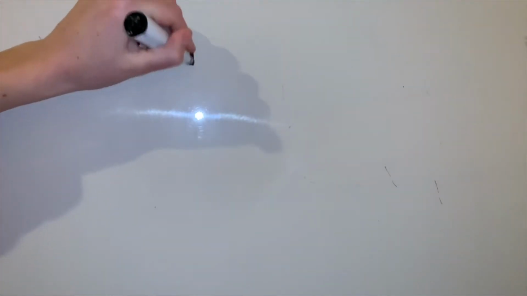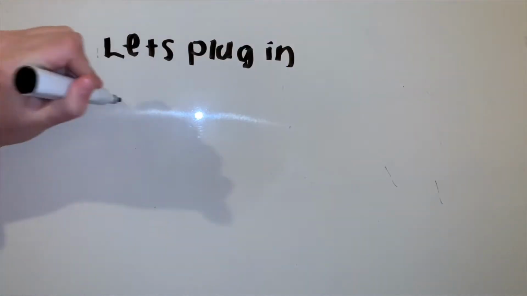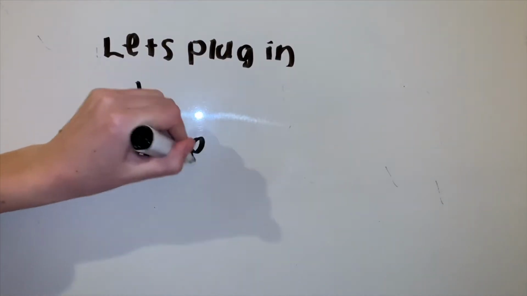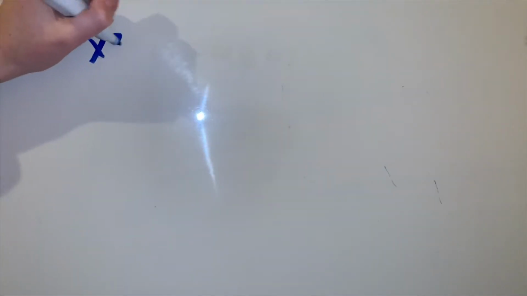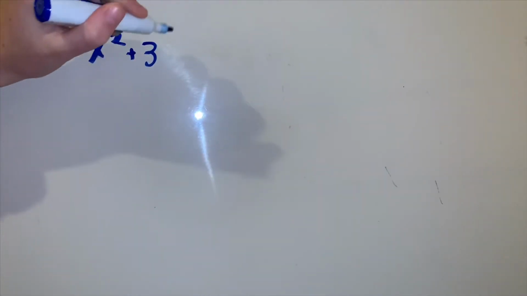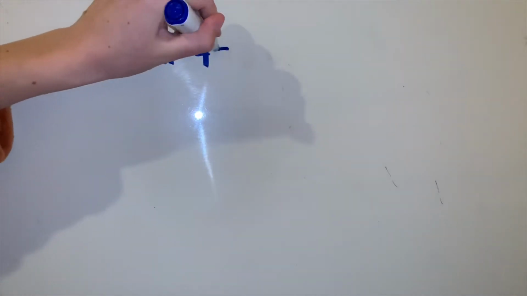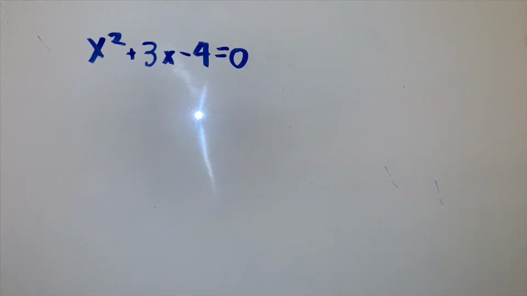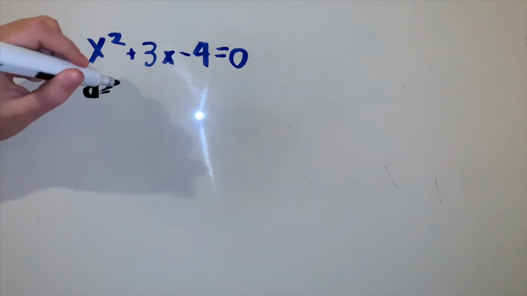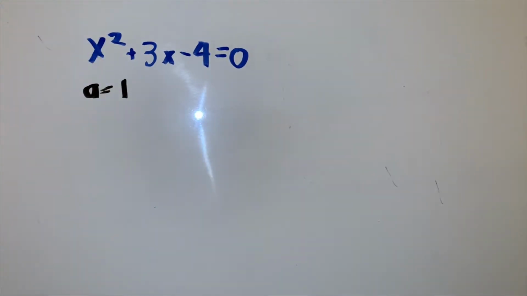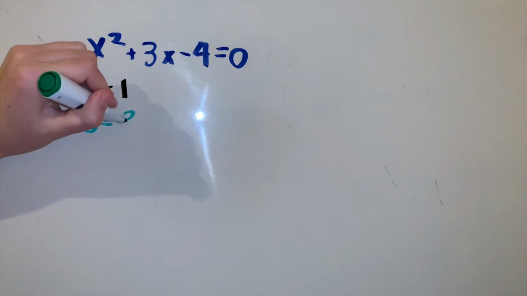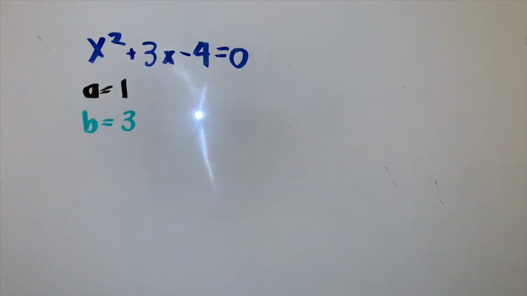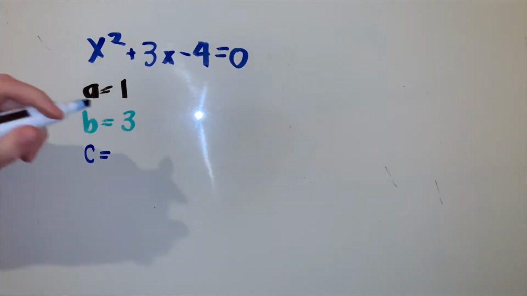Let's plug in some numbers and solve. In this example, we're going to use the equation 2x squared plus 3x minus 4 equals 0. And a will equal 1, b will equal 3, and c will equal negative 4.